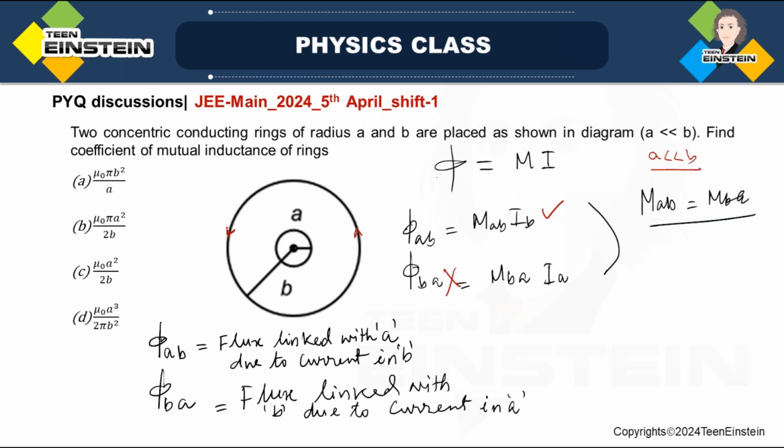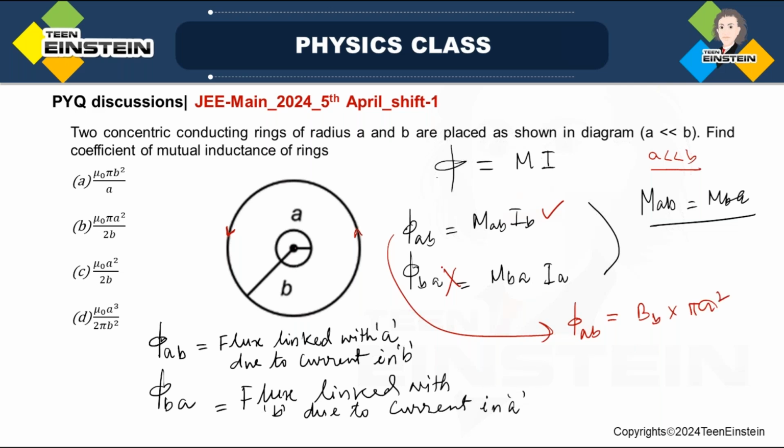the magnetic flux linked with the smaller one. So I can find out, see, this one, pi AB, the flux linked with the inner ring. So the magnetic field produced by B into pi a square.